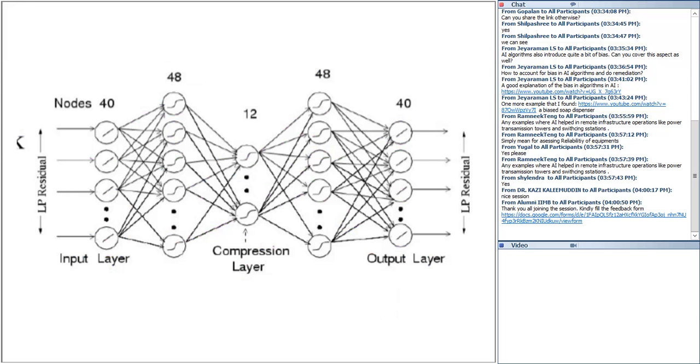In between there are 3 hidden layers of 48, 12, and 48 nodes. So the computation is 40 multiplied by 48 multiplied by 12 multiplied by 48 multiplied by 40. When I pass one window of 40, that many computes will be required.